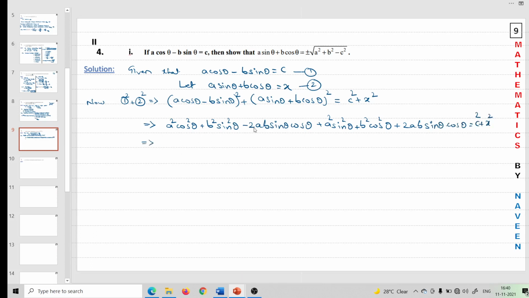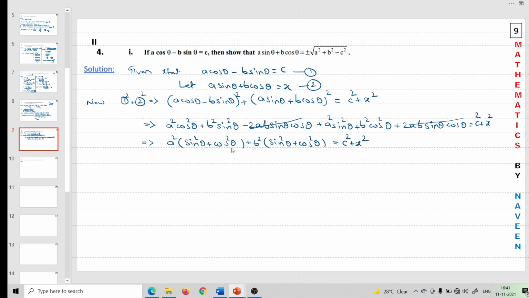That implies, see here, minus 2AB sin theta cos theta plus 2AB sin theta cos theta gets cancelled, and from these both A square gets common, we remain with sin square theta plus cos square theta. Clear? From the second terms, B square is common, sin square theta plus cos square theta, that is equals to C square plus X square.